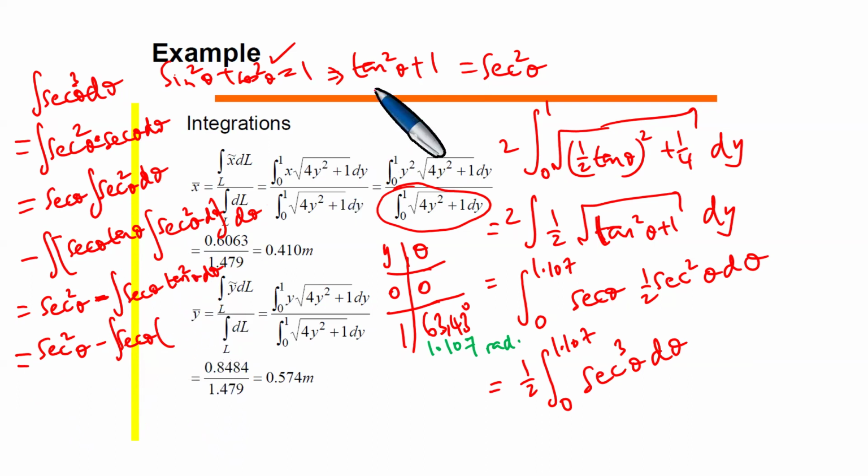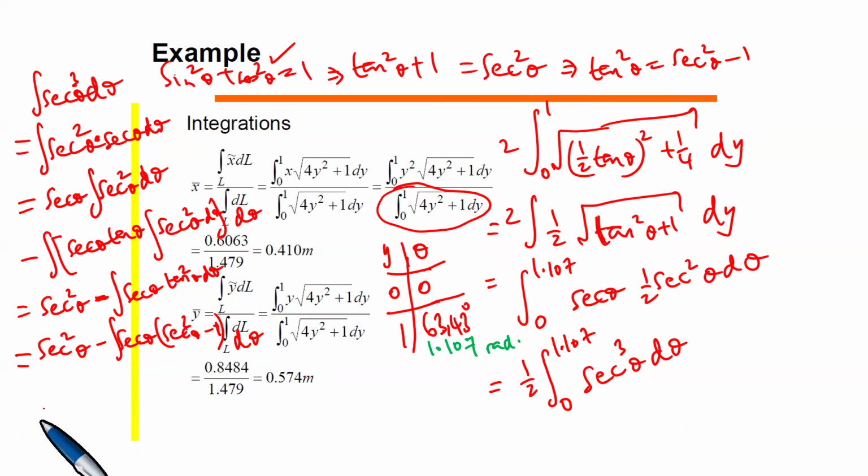What is tan squared theta? We know that tan squared plus 1 is sec squared theta, so tan squared theta is sec squared theta minus 1. If you manipulate, tan squared plus 1 is sec squared theta. Let's make tan squared the subject, so it becomes sec squared minus 1. Wherever there is tan squared, we're going to put sec squared theta minus 1, and then d theta.